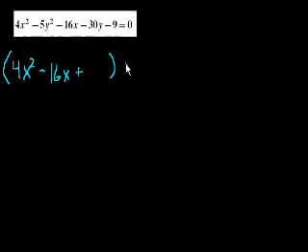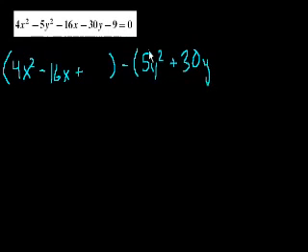And then you get minus 5y squared. So let me just minus, and I'll do plus 5y squared. And then we have a minus here, so it becomes plus 30y. And then out here, you have a minus 9 is equal to 0. And just to simplify it, let's factor a 4 out of this part.